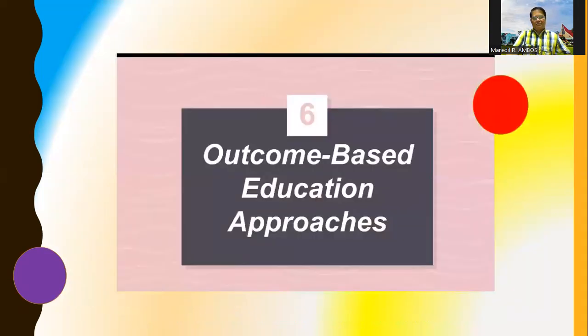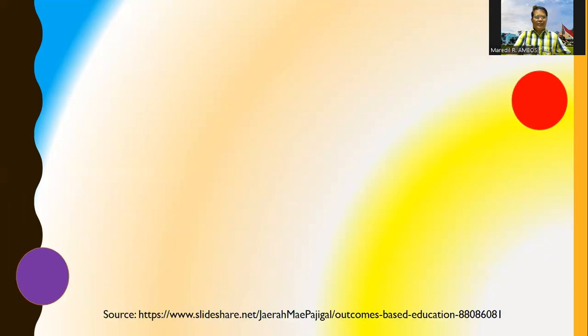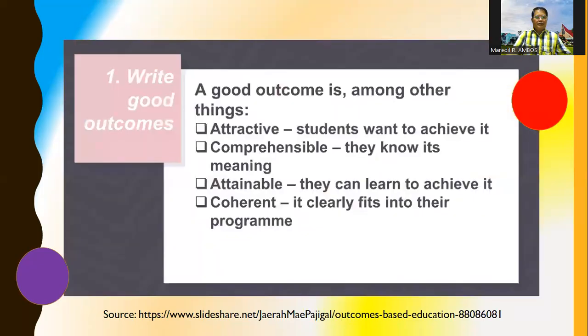The next is the outcome-based education approaches: how we are going to implement outcome-based education. The first is to write good outcomes. A good outcome is, among other things, attractive: students want to achieve it.